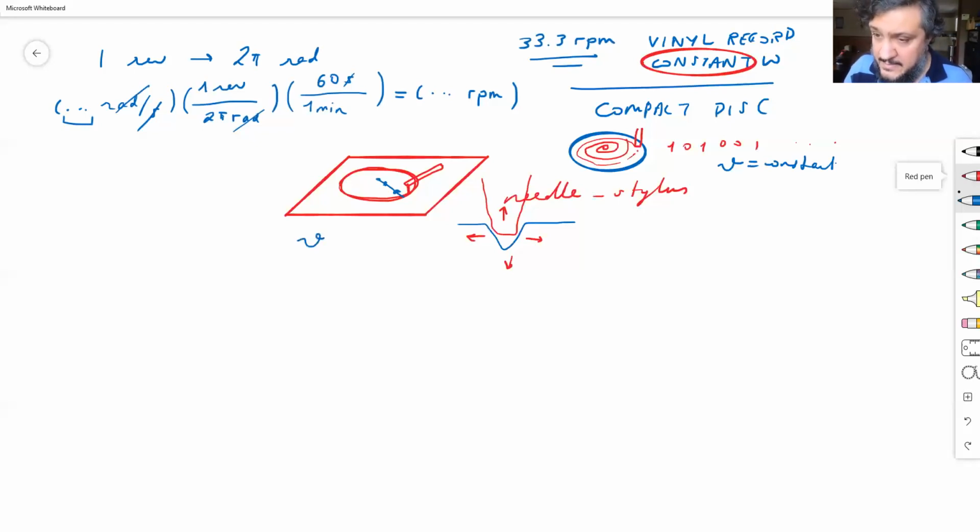So V is proportional to the distance r from the center. So comparing 2 points which have the same omega, but their v's will vary depending on what r is, which makes this relationship v equal to omega times r.